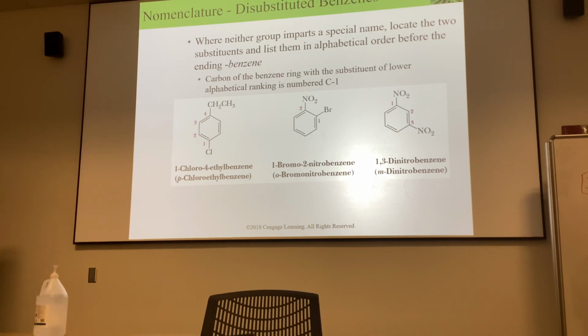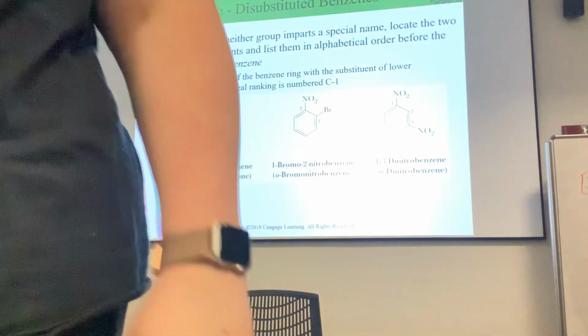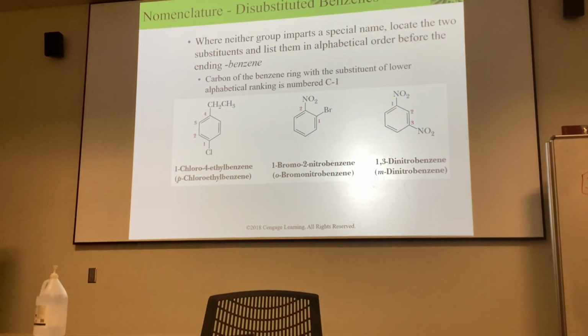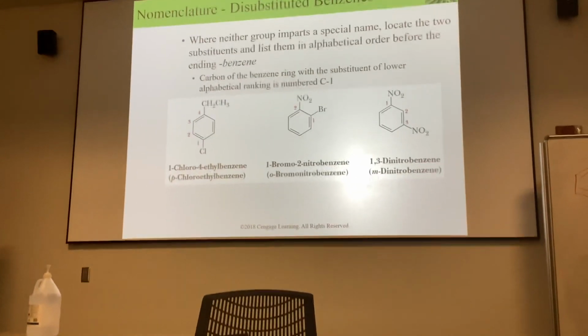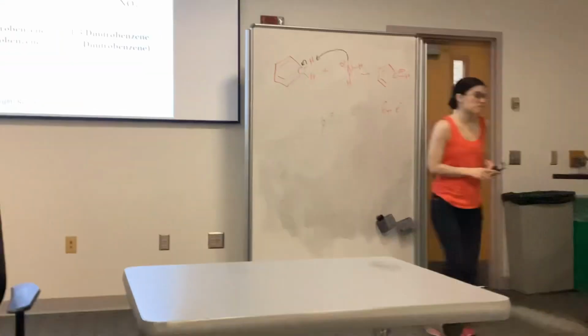If you've got a ring, like a cyclohexane, with some substituents, the highest priority substituent is going to be 1, and then you number in the direction that gives the lower number to the lesser priority substituent. That's how these numberings go. So you don't even have to know the numbers. I remember these by shapes.